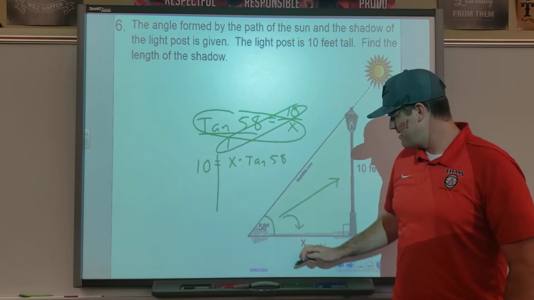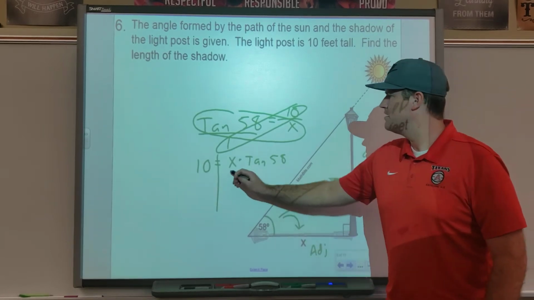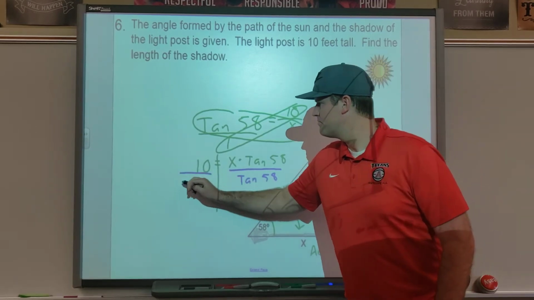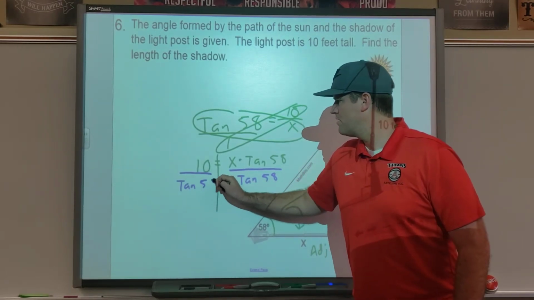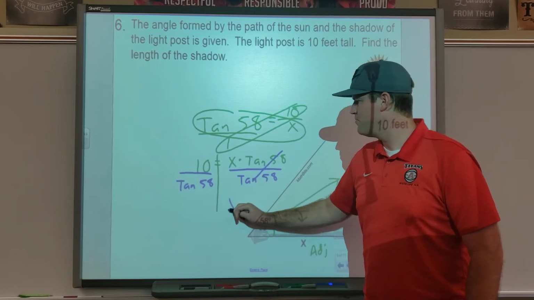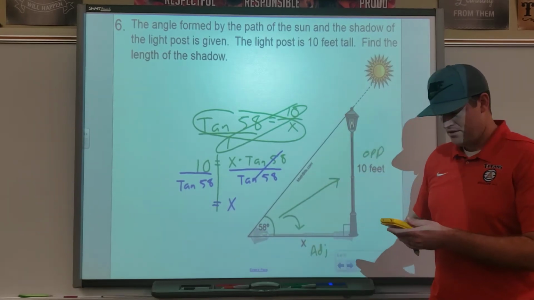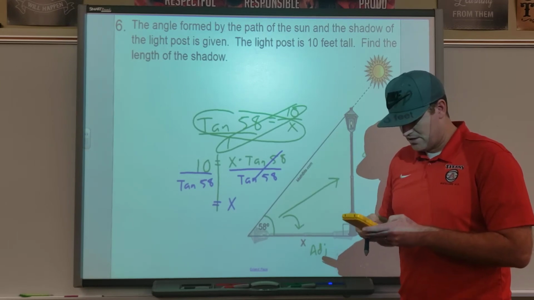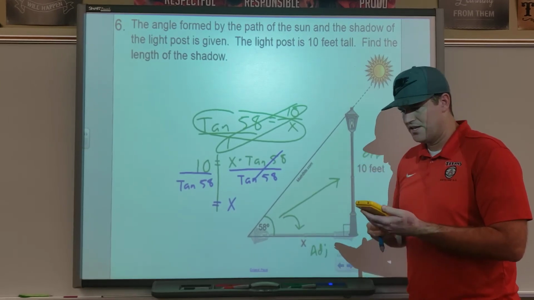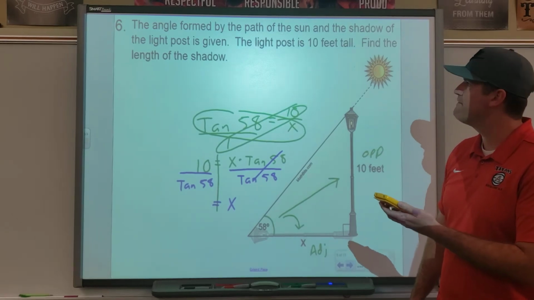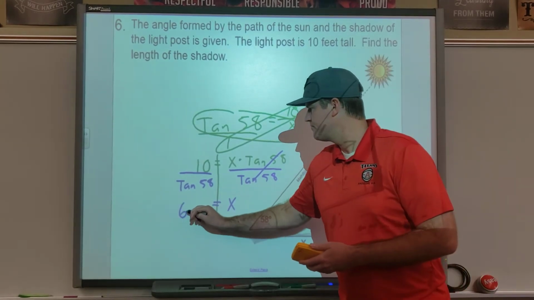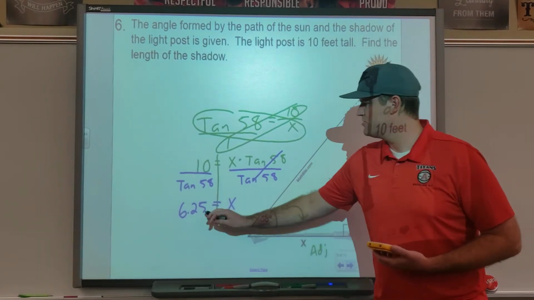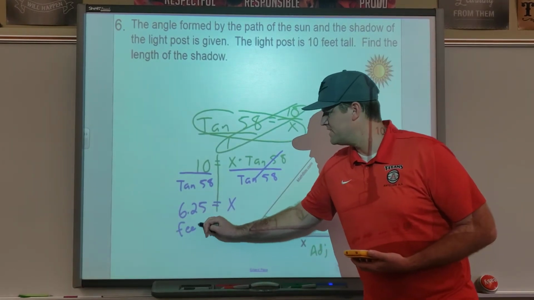We want x by itself, so let's divide by tan 58. And at this point, we're just plugging in our calculator. 10 divided by the tangent of 58 degrees, which is 6.25. So the length of the shadow is 6.25 feet.